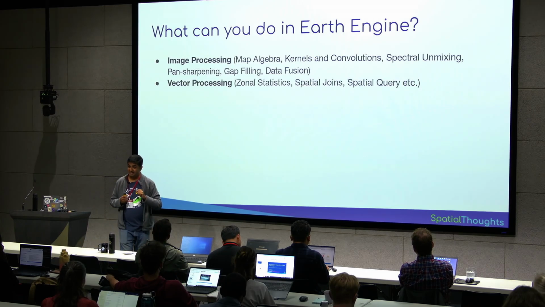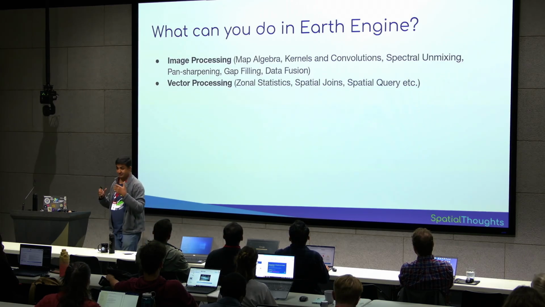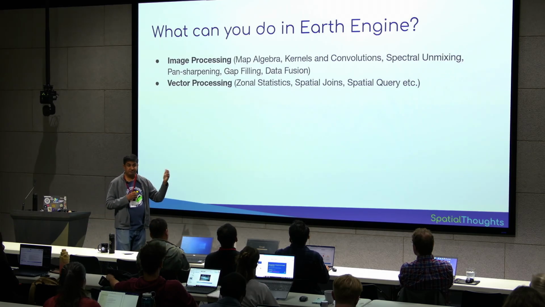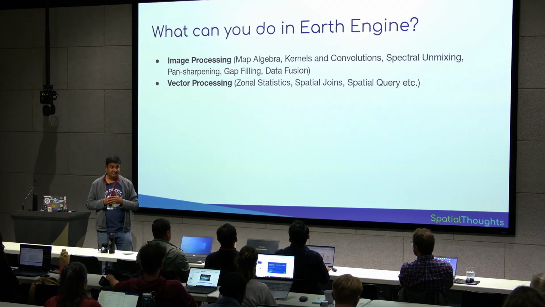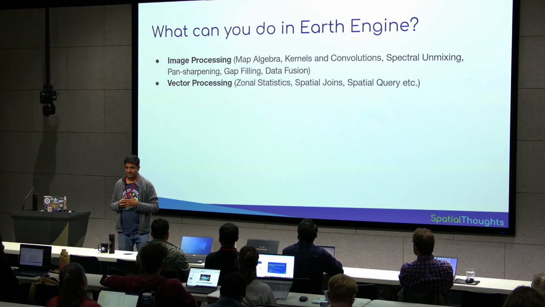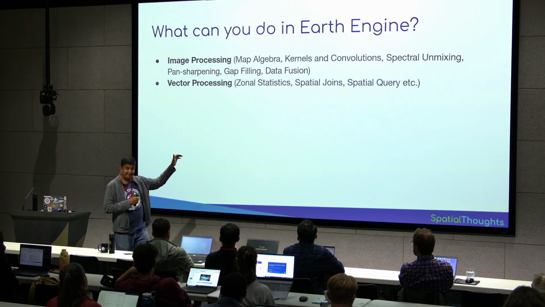Many people don't know Earth Engine is also a very capable GIS. It can do vector processing. So you can upload your shapefiles. It has some data within the catalog itself, and you can do all your spatial joins and buffers, etc. And again, it scales beautifully, just like the imaging platform does. In Earth Engine Fundamentals and Applications, I wrote a chapter on vector analysis using Earth Engine, so you can check out what you can do.